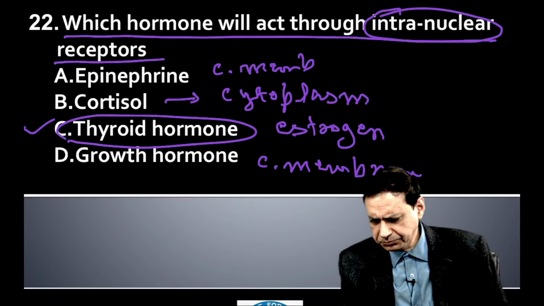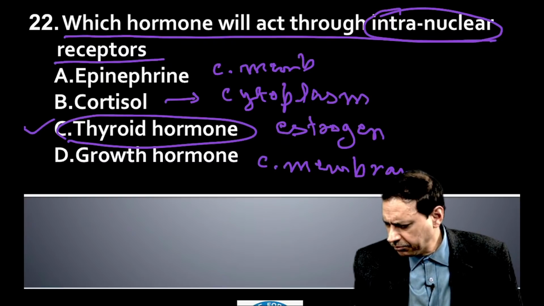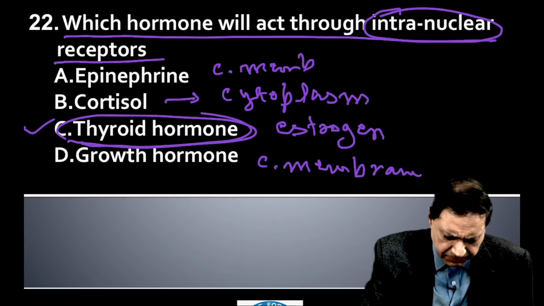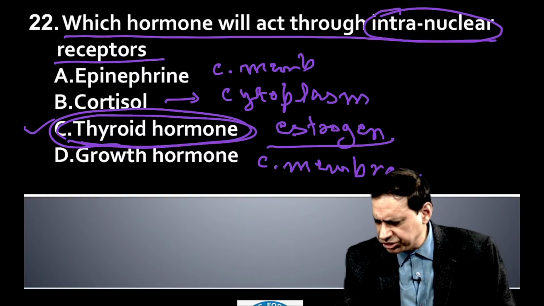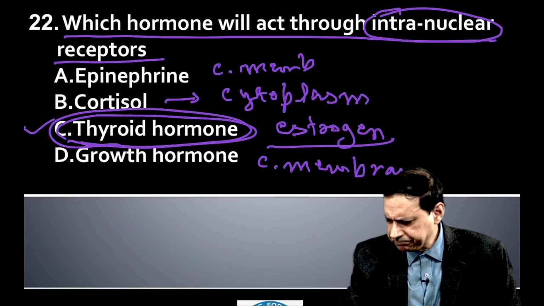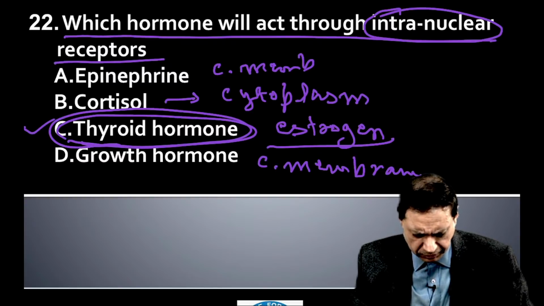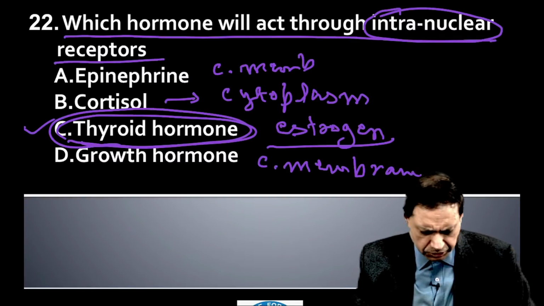Okay? Another common example may be estrogen. Estrogen is a steroid, but its receptors have been found in the nucleus.